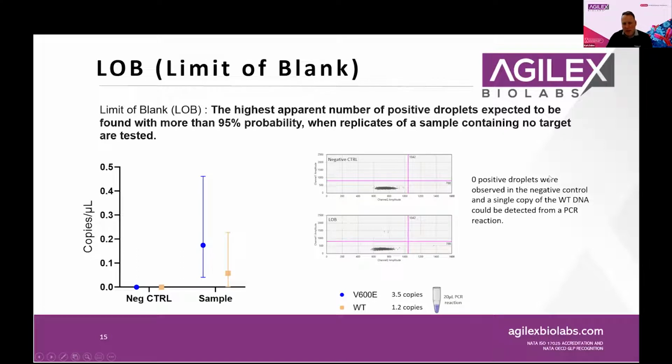And then within that 5% false probability, the 95% confidence interval, we could determine the lowest limit that we could reliably say was a positive reaction. We determined that to be 3.5 copies for the V600E and 1.2 copies for the wild type.